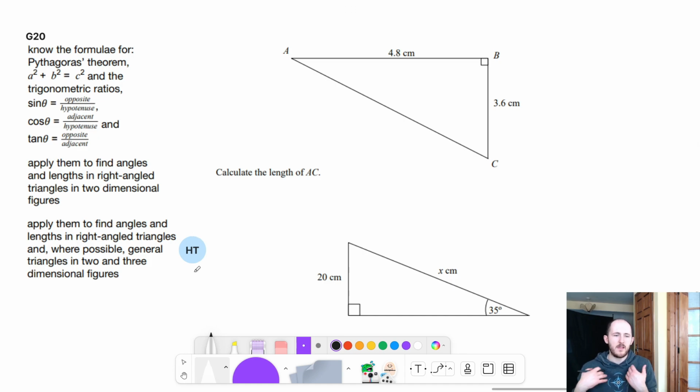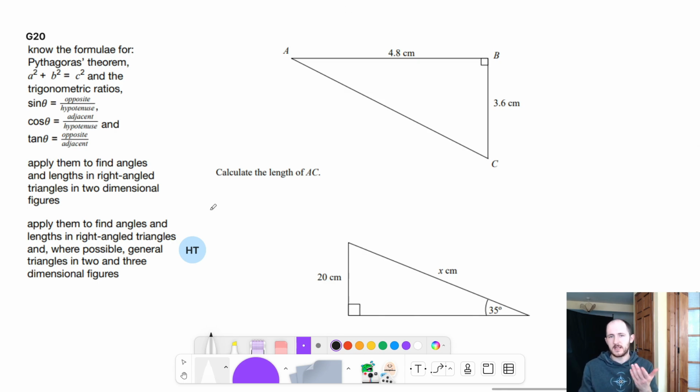So that sounds very complicated. Basically, for right angle triangles, that's foundation tier. In higher tier, they might introduce a 3-dimensional aspect to it. By that I mean they might have a 3D shape and then work out an angle, and it's just a bit difficult to visualize. Other than that, it should be completely fine.